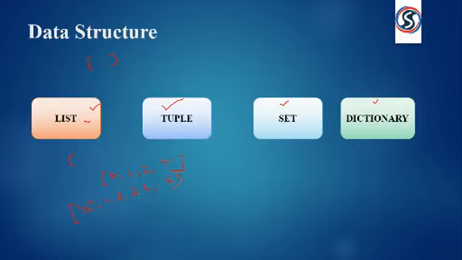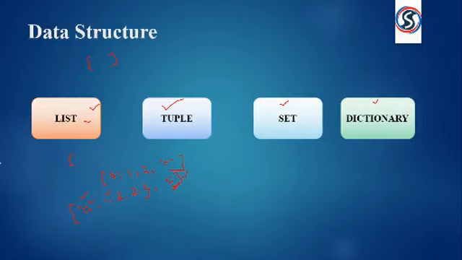You can see this is a string, this is an int data type, this is a float data type, and b is again a string.